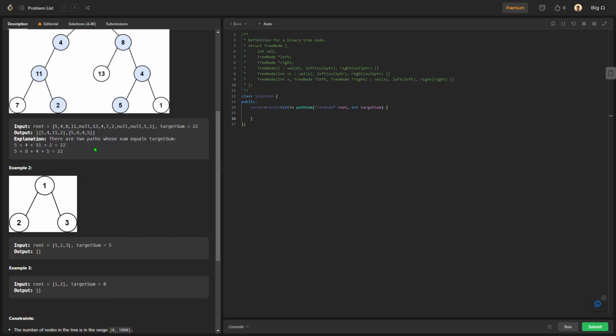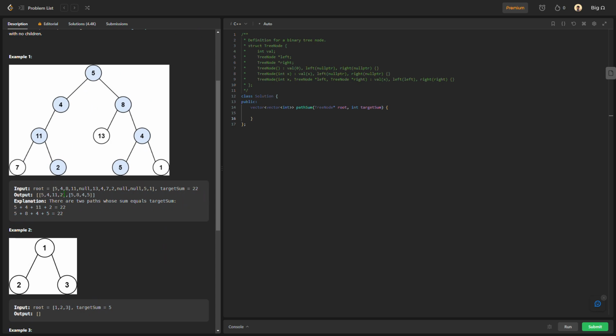So we are given this basic binary tree, and if I just sum up 5, 4, 11 and 2, I get 22. If I sum up 5, 8, 4 and 5, I get 22. So that is why I have added these two paths in my answer.